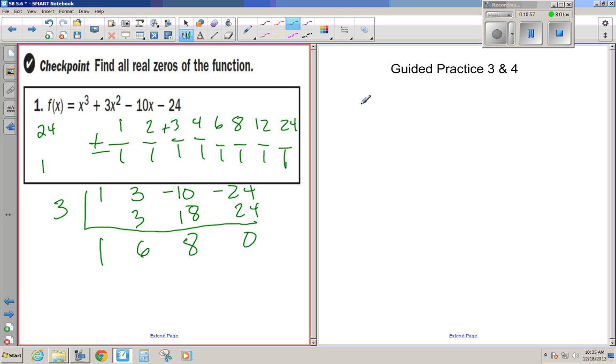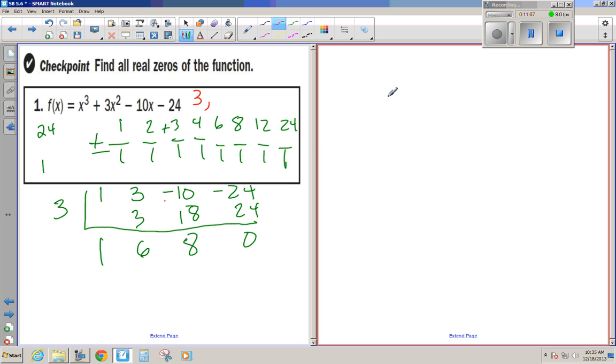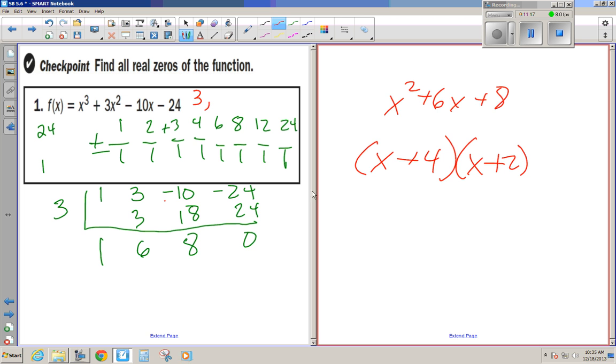That's good. That means that 3 is a 0 for this graph. Now, you can go ahead and factor it if you want. You could say that you've got x squared plus 6x plus 8, and that the factored form is x minus 3, x plus 4, x plus 2. But you don't have to.